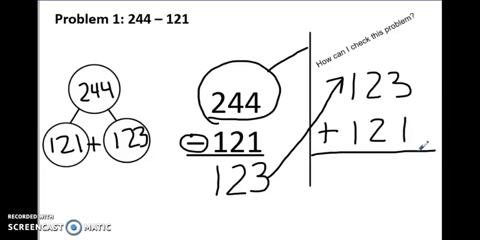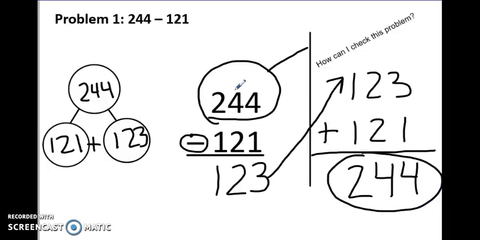Now I'm going to add. 3 plus 1 is 4. 2 plus 2 is 4. And 1 plus 1 is 2. If I did my problem correctly, this number should match this number, which it does. 244 is the same as 244. So my answer is correct. I did this problem correctly.